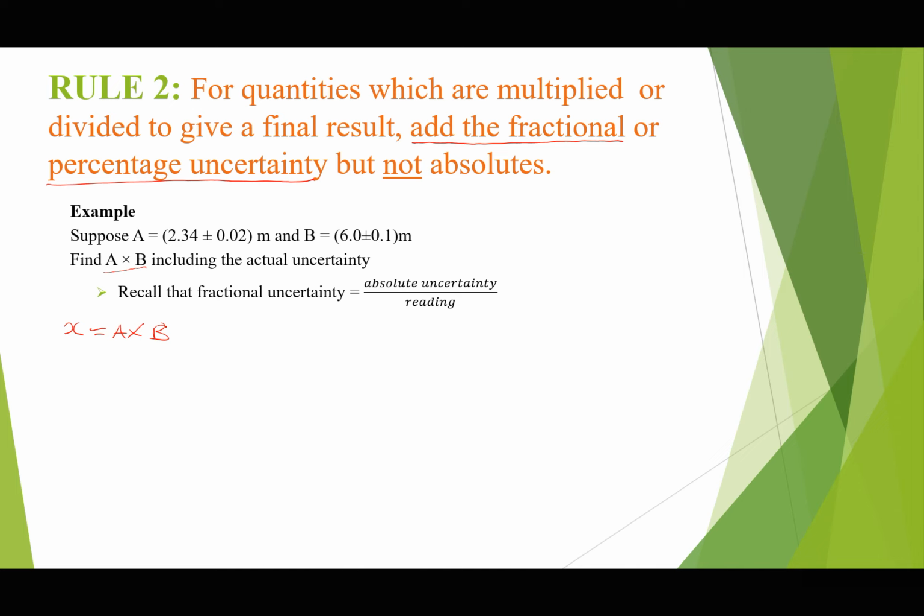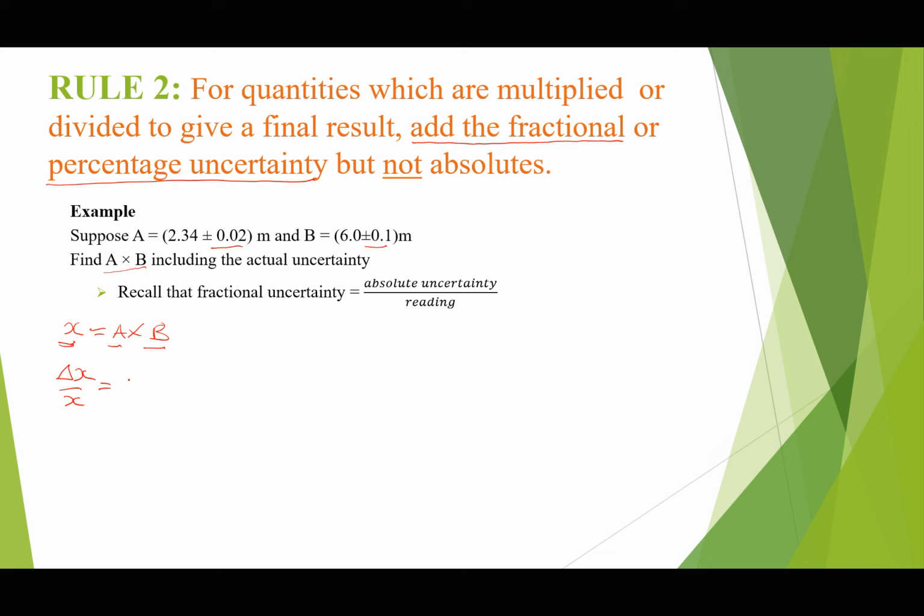But look at this particular question: we have been given absolute uncertainties. Then what do we do? The rule is saying we look at percentages or fractional uncertainties. Let's begin with the fractional. The fractional uncertainty in x will be written as the absolute uncertainty in x over x itself.